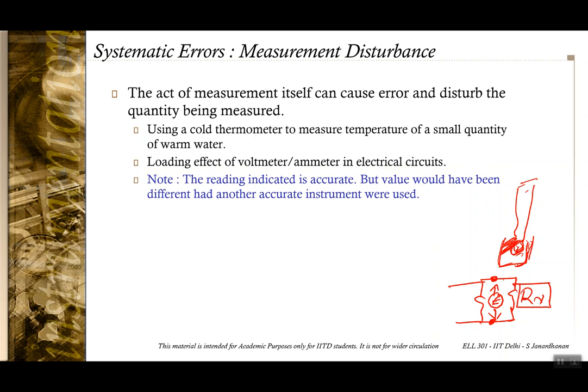However, if the voltmeter was not connected, or if the voltmeter was of infinite resistance, then the intention was to measure the voltage across these two terminals, but V may not be equal to E. Notice in this case we wanted to measure V and we had connected a voltmeter, but when you measure the voltage from the voltmeter, the reading is E. This reading E was not incorrect for the circuit with the voltmeter.